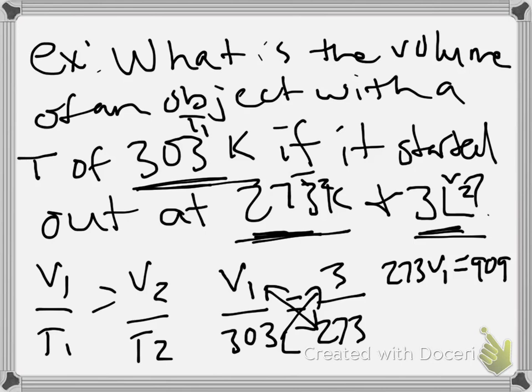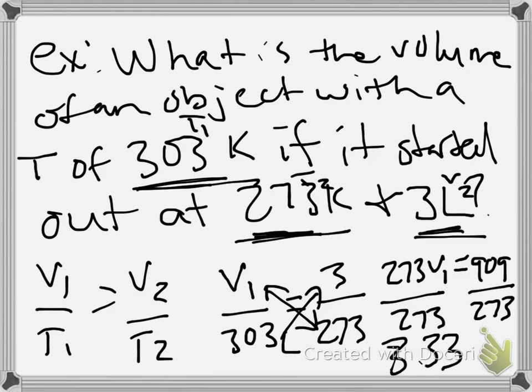And then to get V1 by itself, you divide by 273 on both sides. So again, let me go to my calculator. And the answer is 3.33. And since this is volume, it's going to be in the same units as the other volume, which is liters. So 3.33 liters is your answer.